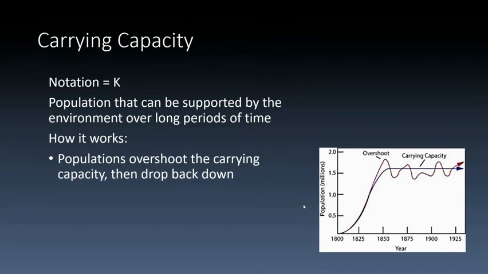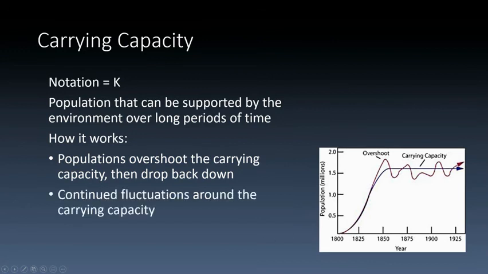So if you look at this graph on the lower corner of the screen, you see a population of, let's say, humans, in the millions, and it might overshoot the carrying capacity. So from like 1850, the population went up to like 1.8. But then because there weren't enough resources, the population would drop back down. But then once it's below the carrying capacity, it can support more people. So the population number just goes up and down around the carrying capacity depending on how many individuals there are and how many resources there are.